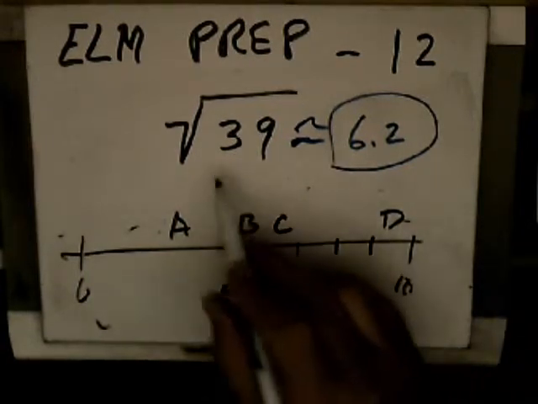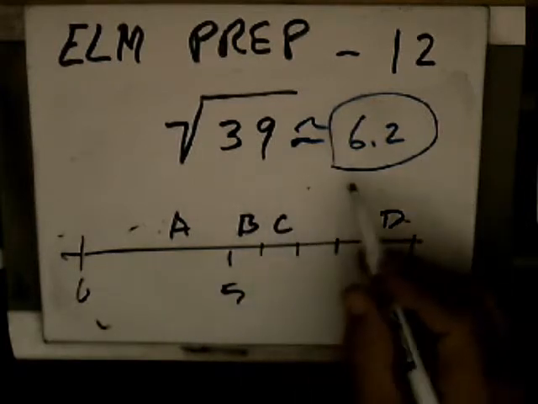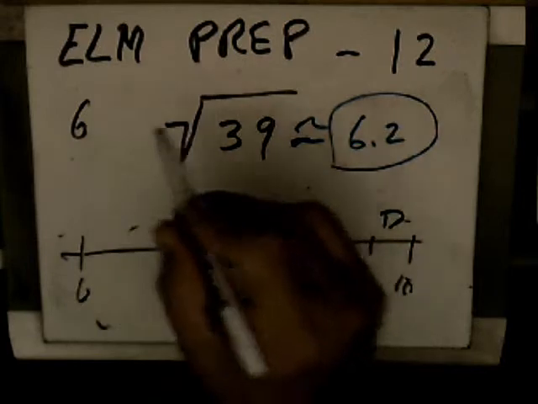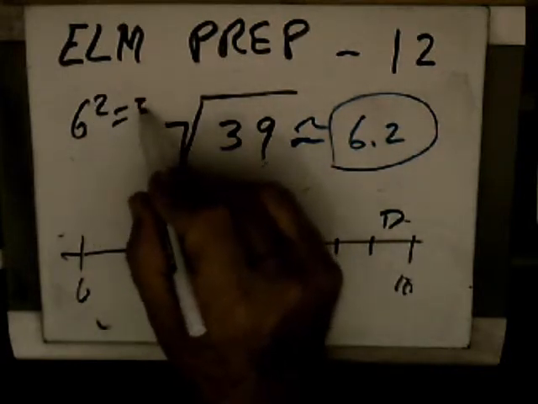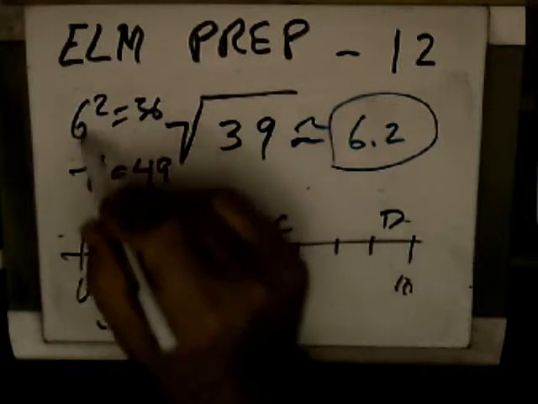And they'll say, where does this lie? Well, using your knowledge that 6 squared is 36 and 7 squared is 49, you know it lies between there.